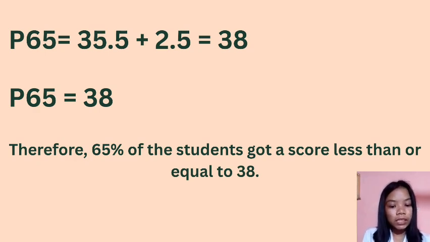And then P65 is equal to 35.5 plus 2.5, which is equal to 38. So P65 is equal to 38. Therefore, 65% of the students got a score less than or equal to 38.